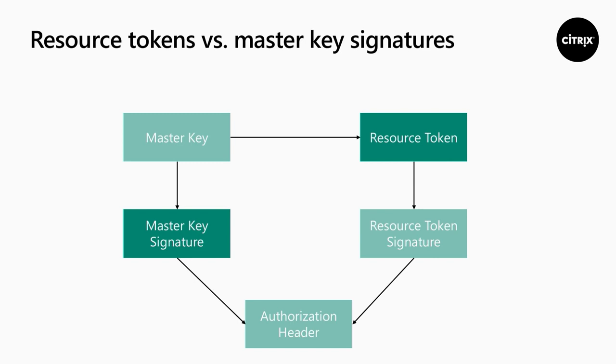It's more of a black box, and unless you really want to reverse engineer that, I don't recommend sending that. You could send the authorization header, but the SQL interfaces don't really provide good support for interacting with authorization headers. So it's kind of recommended that you send back the resource token, which as mentioned has good support, or send back the master key signature if that's the part that you're using.